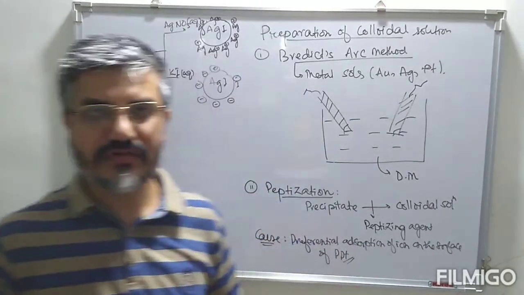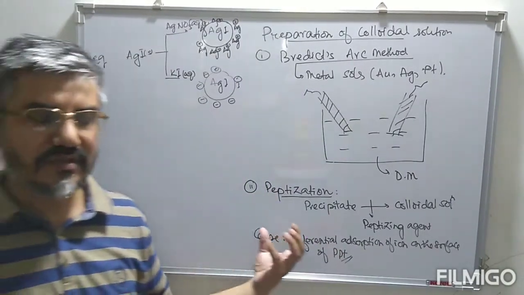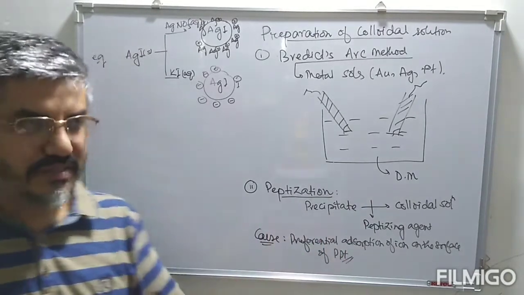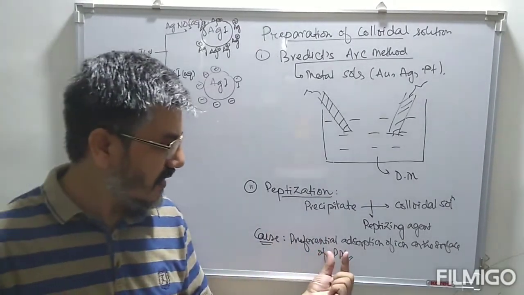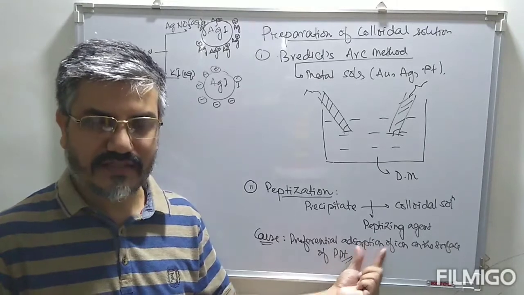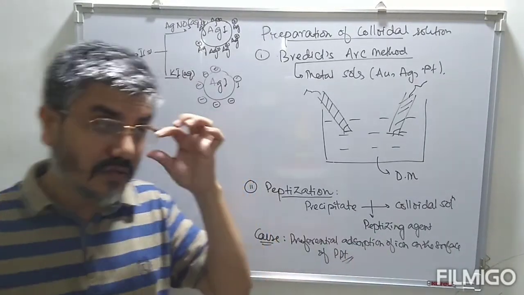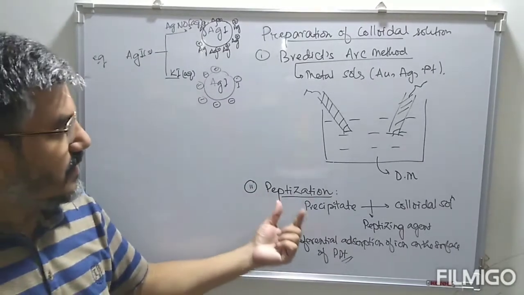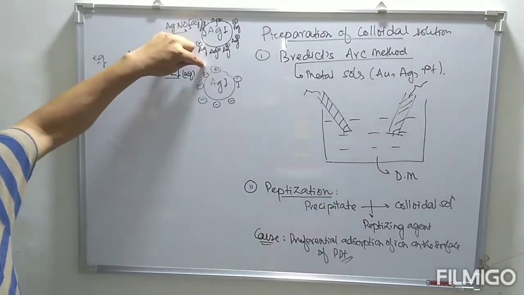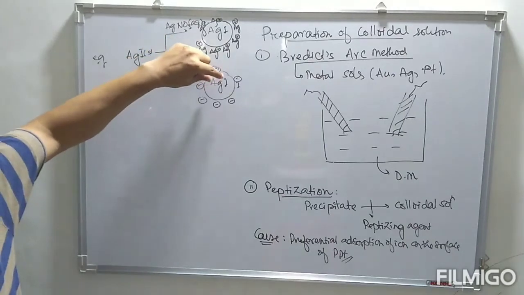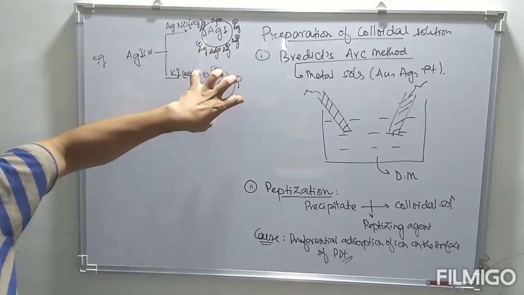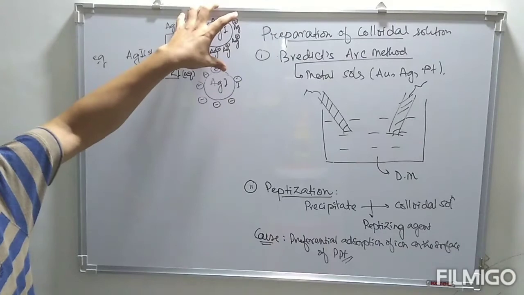Every colloidal particle is a charged particle. They are either positively charged or negatively charged, which is due to selective or preferential adsorption of ions common to the ions present in the colloid. Because of this, there's a repulsive force, so all the colloidal particles will have the same charge, either negative or positive.